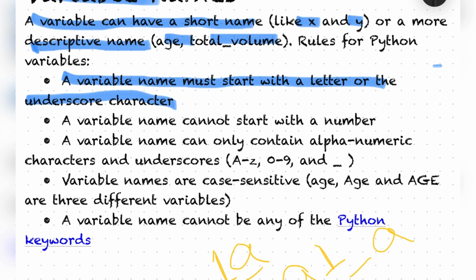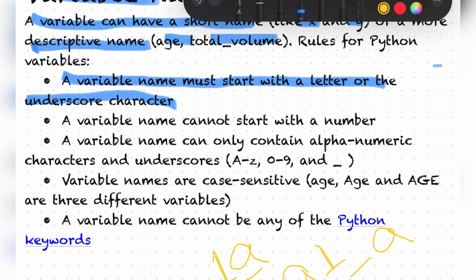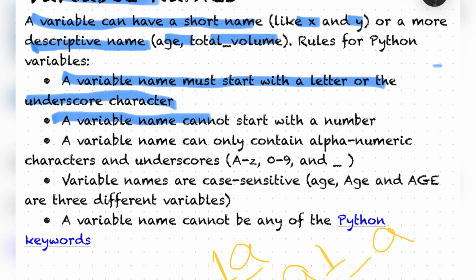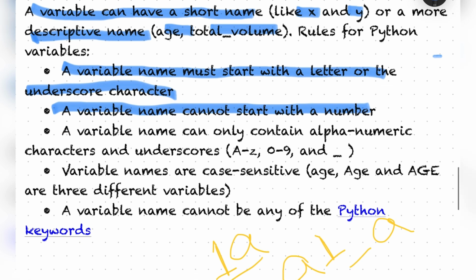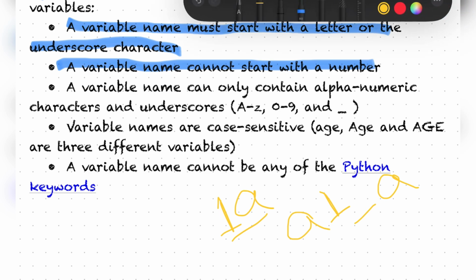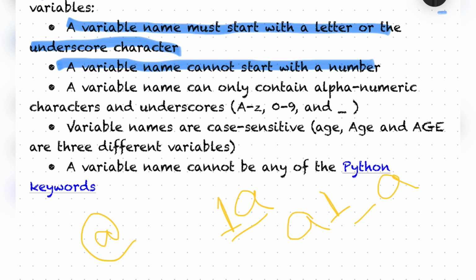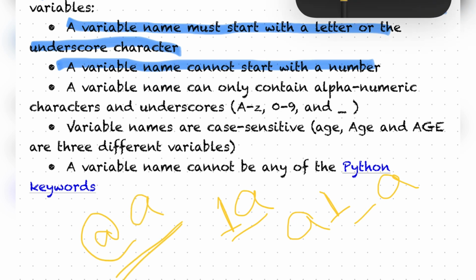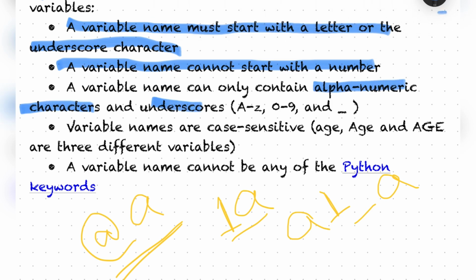A variable name cannot start with a number, as I just explained. A variable name can only contain alphanumeric characters and underscores, A to Z, 0 to 9, and underscore. We cannot write a variable name like at the rate A. Only underscore can be used.